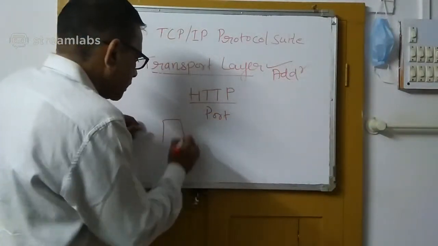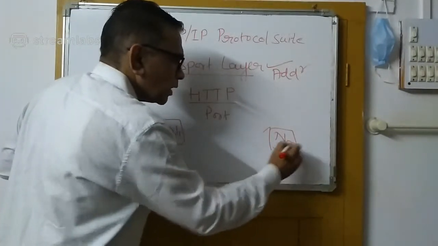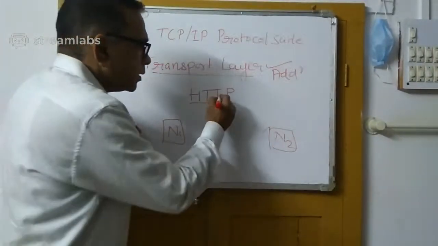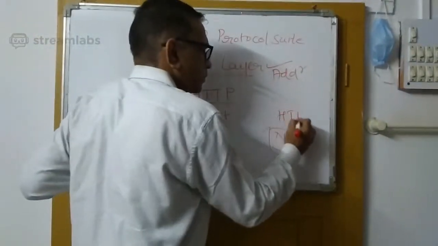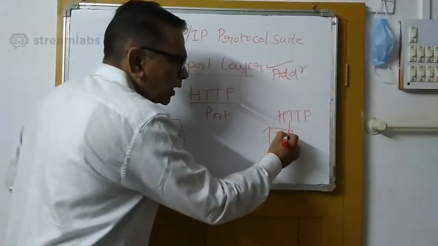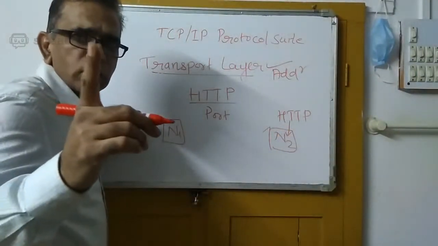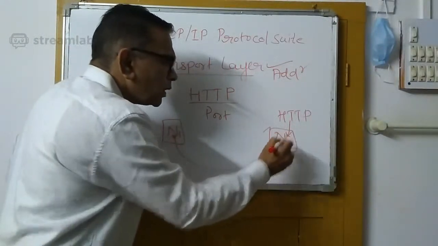Now, whenever client machine N1 wants to communicate with some server process, which is the HTTP process, that process has to be connected to some specific port so that the process on N1 can communicate with HTTP.